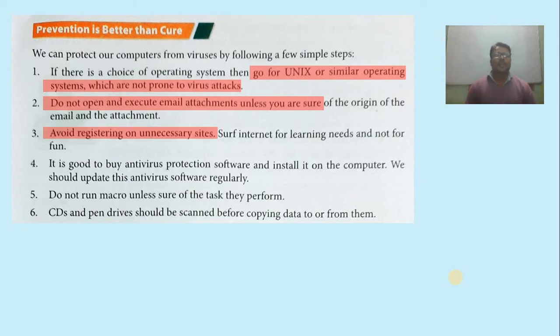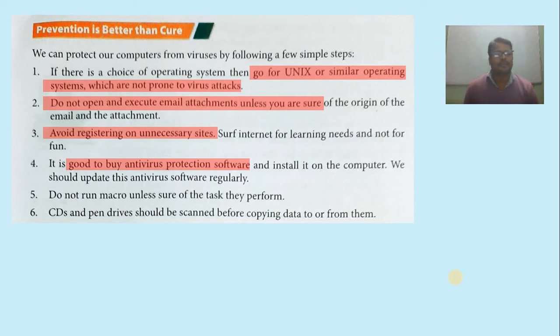We have to avoid registering on unnecessary sites. That means we should not log in or register ourselves on websites we do not know. It is also good to buy antivirus protection software.